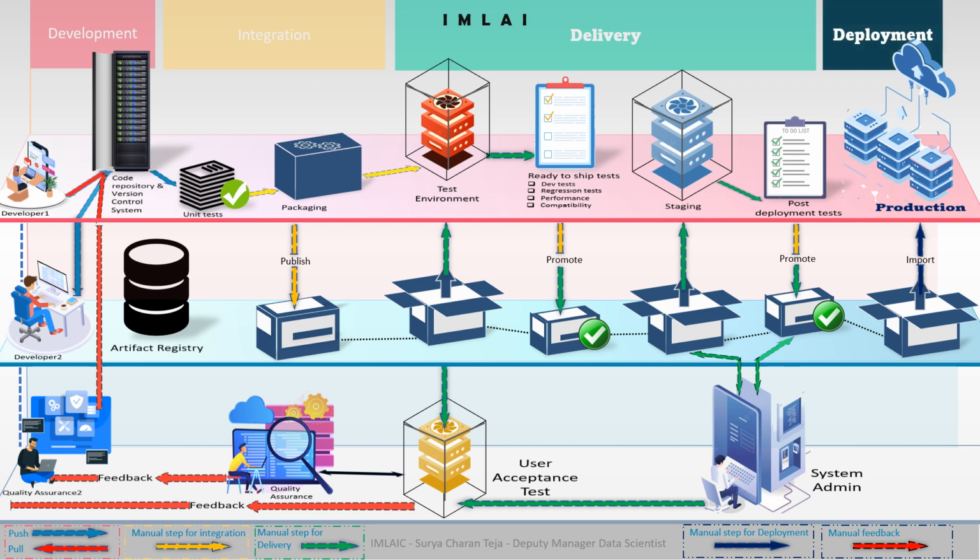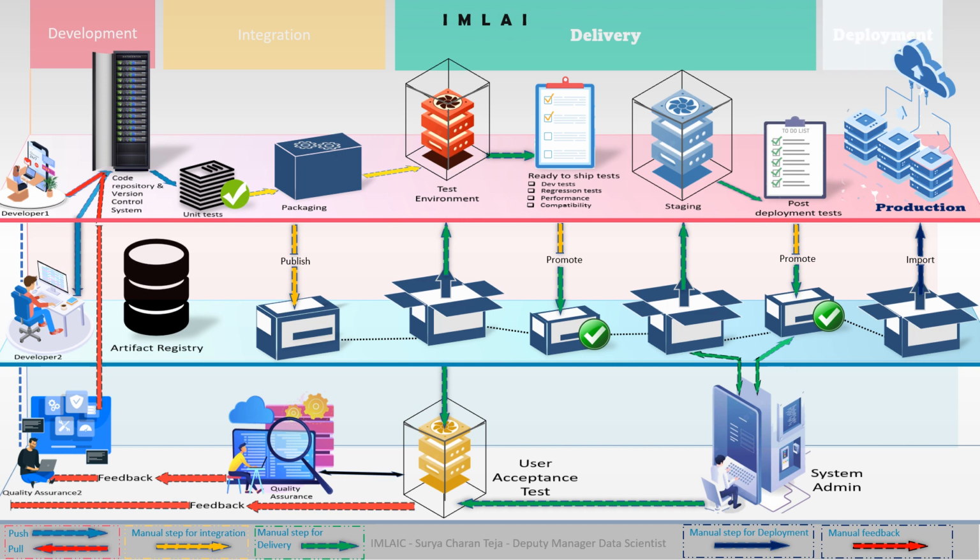Coming ahead in our courses, in our next modules, we are going to do each and every step, from developing, then pushing into the GitHub repository, then building, then doing unit tests, then building the archive or package, then setting up the test environment, then pushing it into the test environment, and then user acceptance, then writing the tests, then creating quality gates, and then testing it.